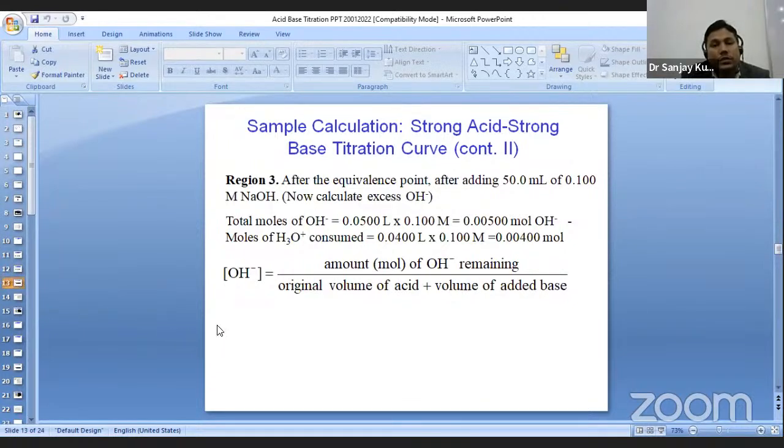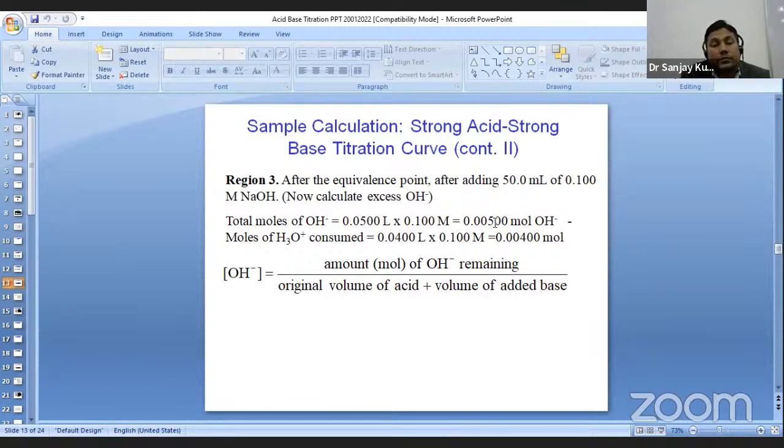That is quantitatively. And also after the equivalence point, the third point, when the color change starts, is after adding 50 ml. So 40 ml is already added and the reaction is complete, then we add 10 ml more of this NaOH solution, 0.1 molar.